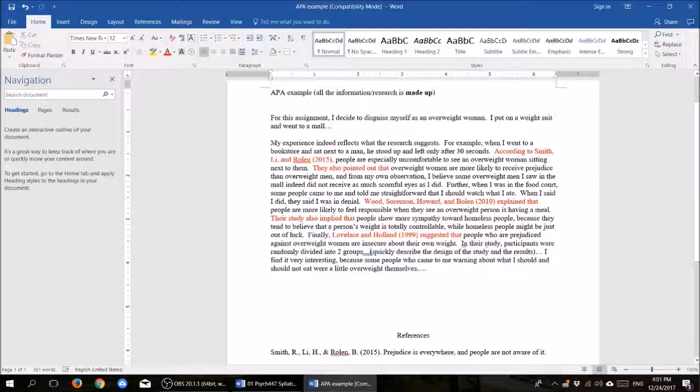So she said in their study, participants were randomly divided into two groups, and then she quickly described the design of the studies and what they found. Okay, and after that, what she said, I find it very interesting because some people who came to me warning about what I should and should not eat were a little overweight themselves, and so on and so forth.